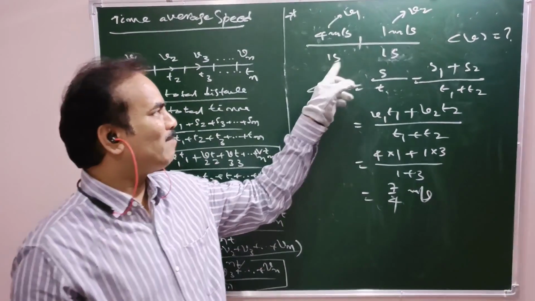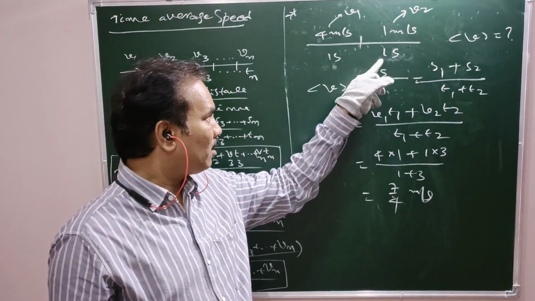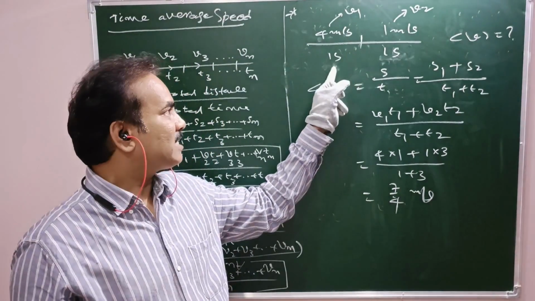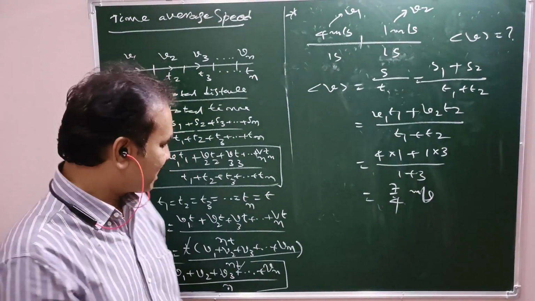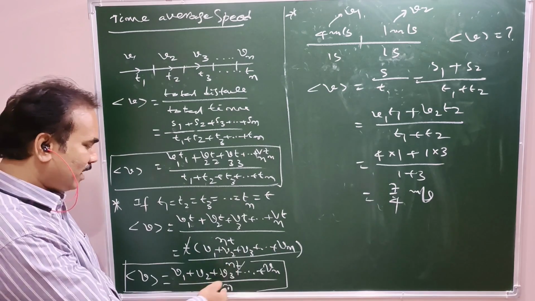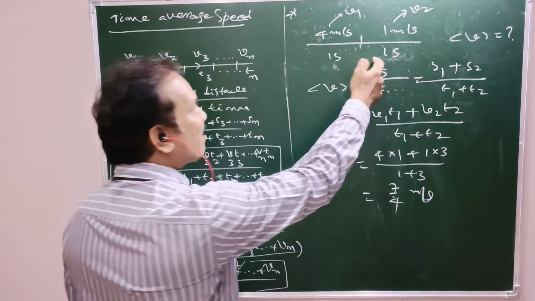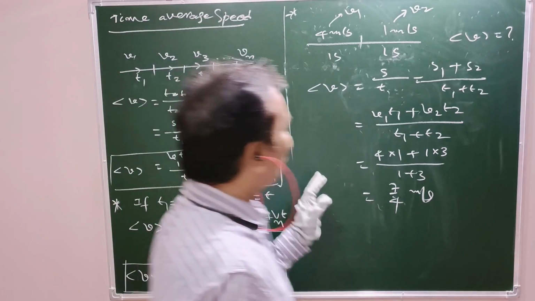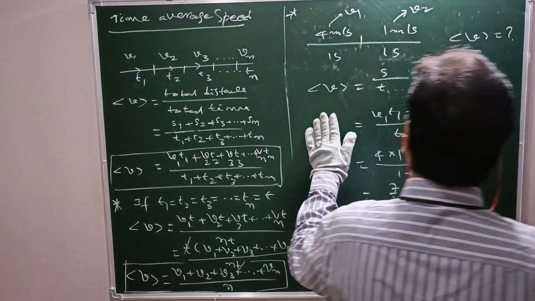Hence the total time of journey is divided into two equal time intervals, two successive equal time intervals. In case of equal time intervals, what is the expression? (V1 + V2 + ... so on) by n. Here there are two segments, that is the reason why it is (V1 + V2) / 2.